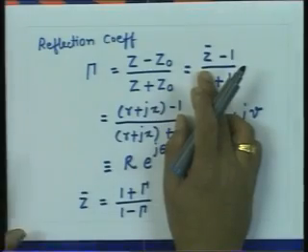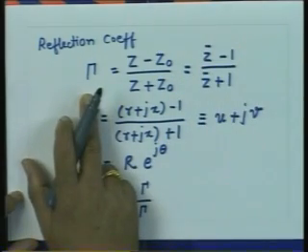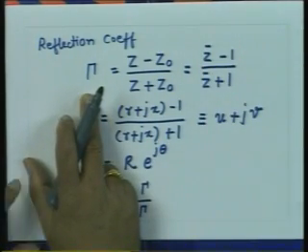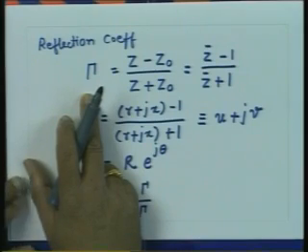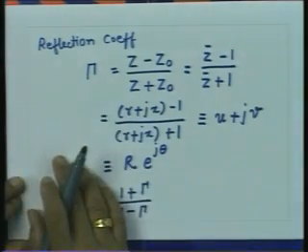Now, if I plot the reflection coefficients for all passive loads, as we have seen earlier, for passive loads the magnitude of the reflection coefficient is always less than or equal to 1. We saw that when the impedance is purely reactive, or short circuit or open circuit, the magnitude of the reflection coefficient becomes equal to 1. Otherwise, for any other impedance, the magnitude is always less than 1.